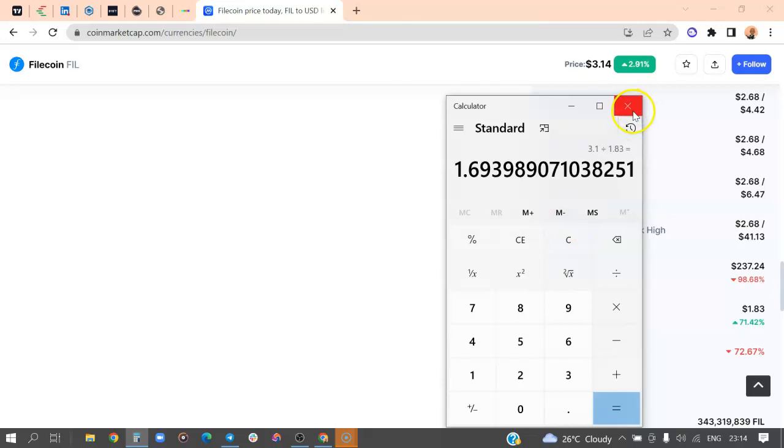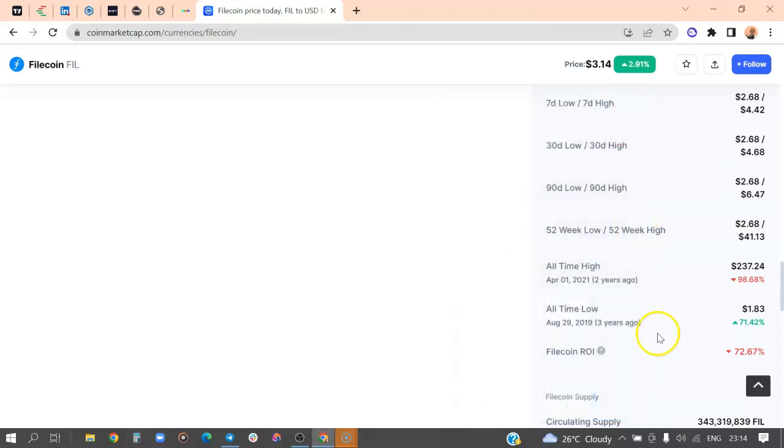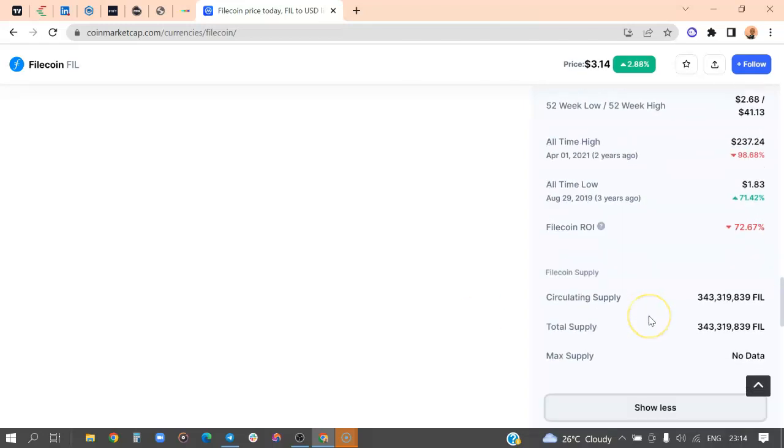If you buy now and it drops down to this price, then almost half of your portfolio will be lost, isn't it?